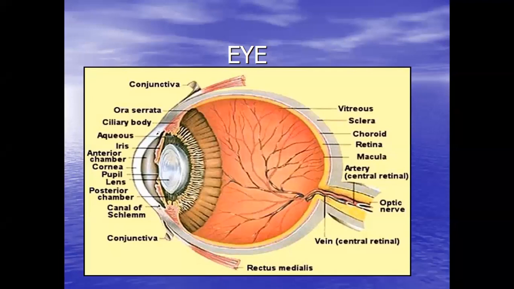Similarly, in the eye, the front lens is the normal intraocular lens, and the back film area of the camera can be compared with the retina of the eye.